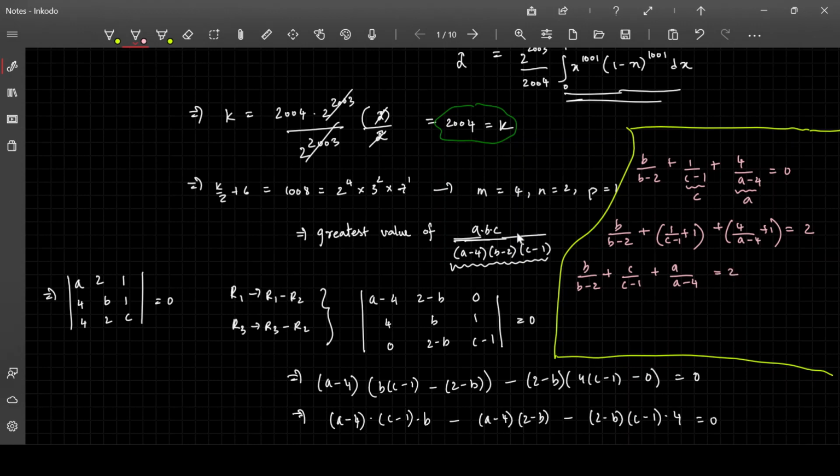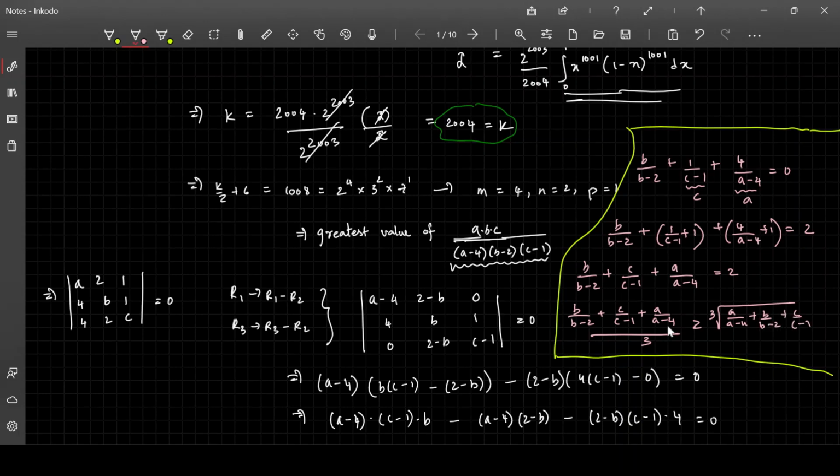Now as per the given expression, this is the expression that is given to us, and we need to find the greatest value of this. So basically we shall use the AM-GM inequality. So b by b minus 2 plus c by c minus 1 plus a by a minus 4 divided by 3 is greater than or equal to the cube root of a by a minus 4 times b by b minus 2 times c by c minus 1.